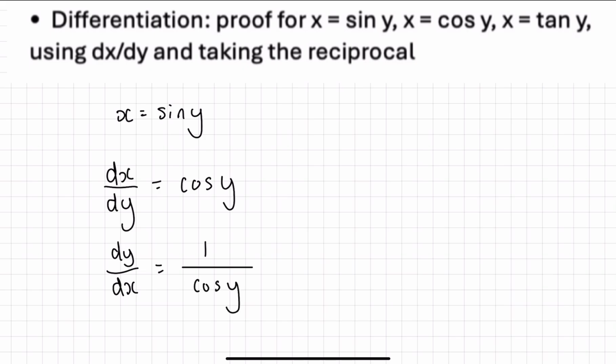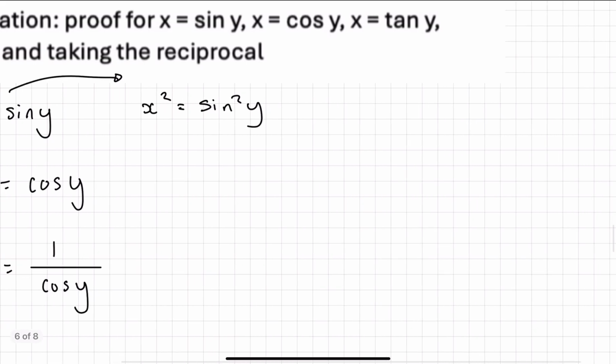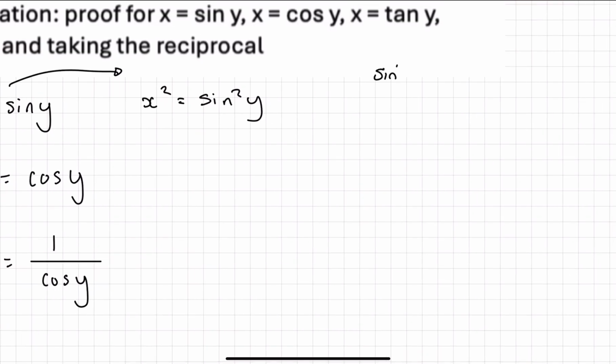So now how do we leave it in terms of x? Well, x squared is sine squared y. And we know that sine squared y plus cos squared y equals 1. So if sine squared y is x squared, that means x squared plus cos squared y equals 1.